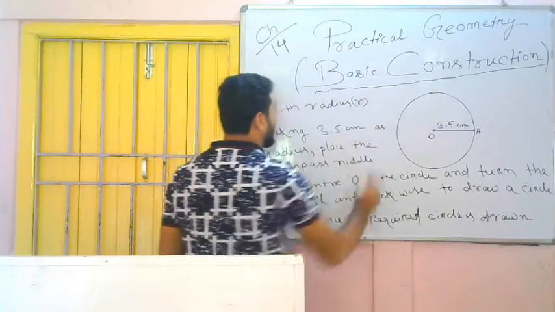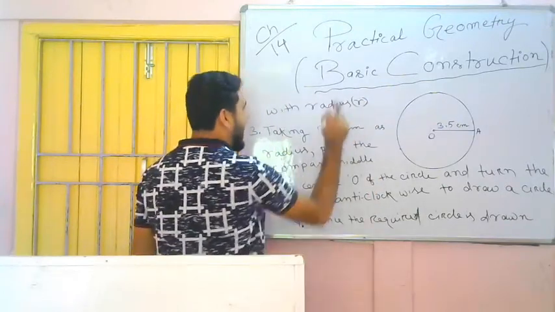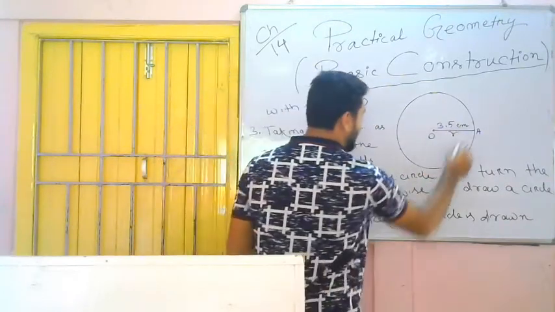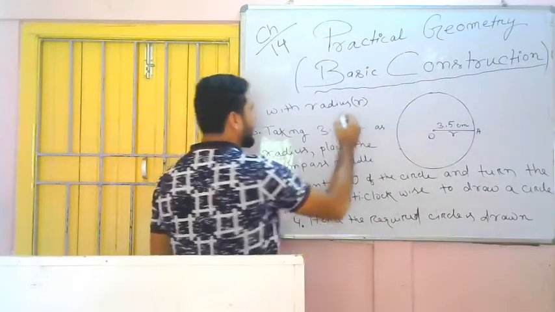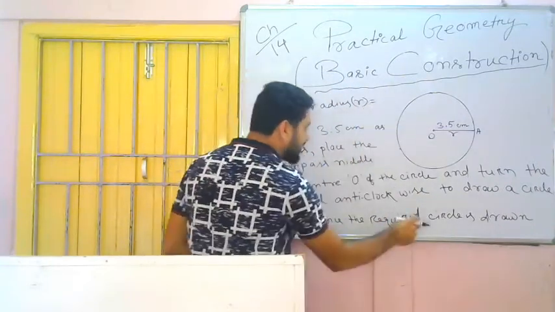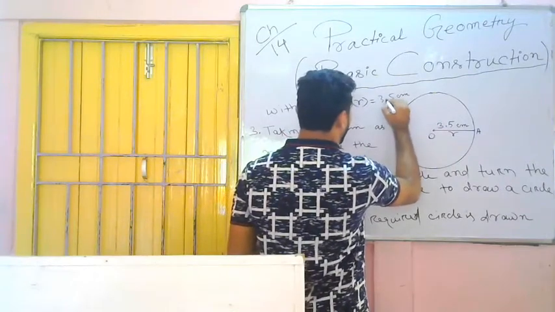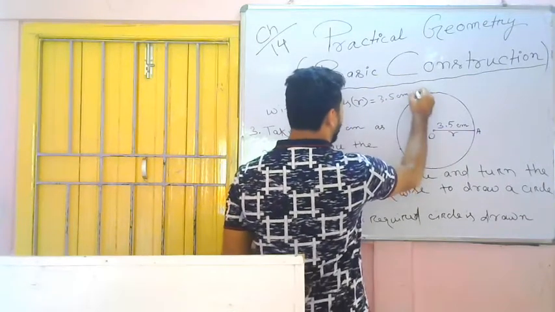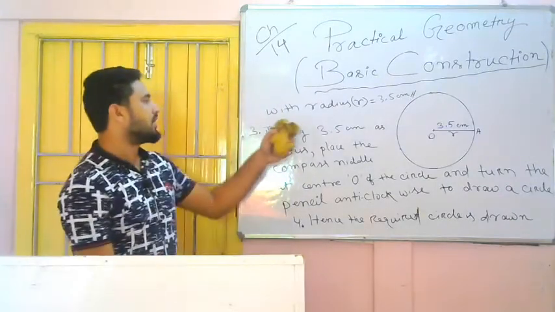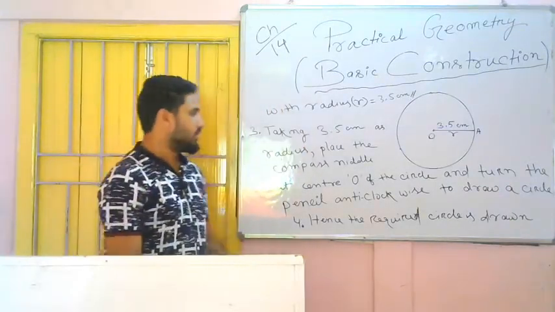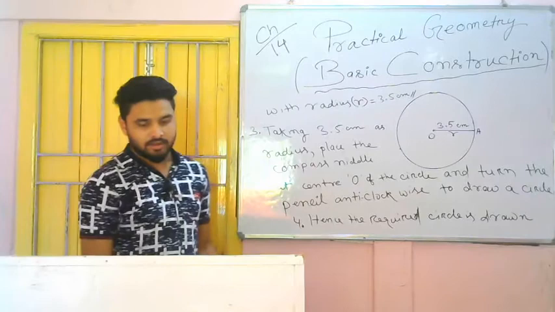You can give the name of the radius r, and the diameter you can give D. With a radius r equals 3.5 centimeter. So that is the step of construction. So you write these things.